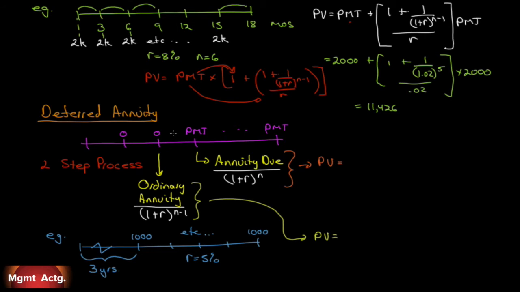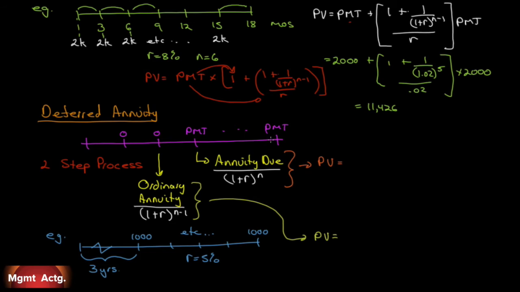Why? Because every payment is at the end of the period. So if I start valuing it here, I would value it as an ordinary annuity. If I started valuing it at the first payment, notice that the payments now are at the beginning of the terms, I would value it as an annuity due. Whichever way we take, we'll get the same answer.